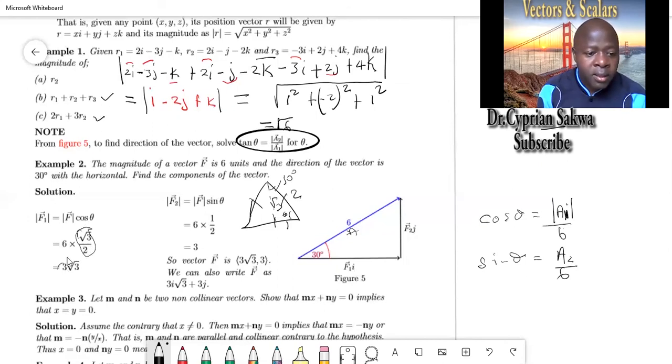And this gives us this as the x component. And then the y component is 6 times sin theta. Sin 30 is a half. So that gives us 3 as the y component. So this vector can be written in terms of the x component and the y component like this, or you can write it as 3 root 3 i plus 3j. Let's look at another example here.